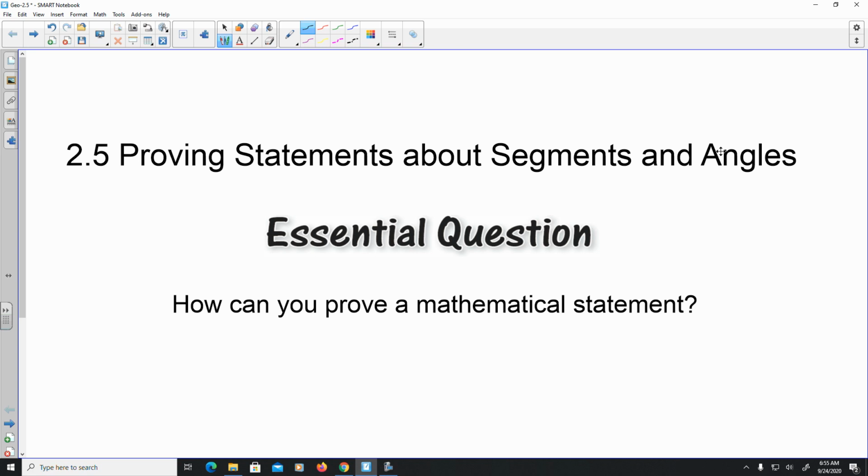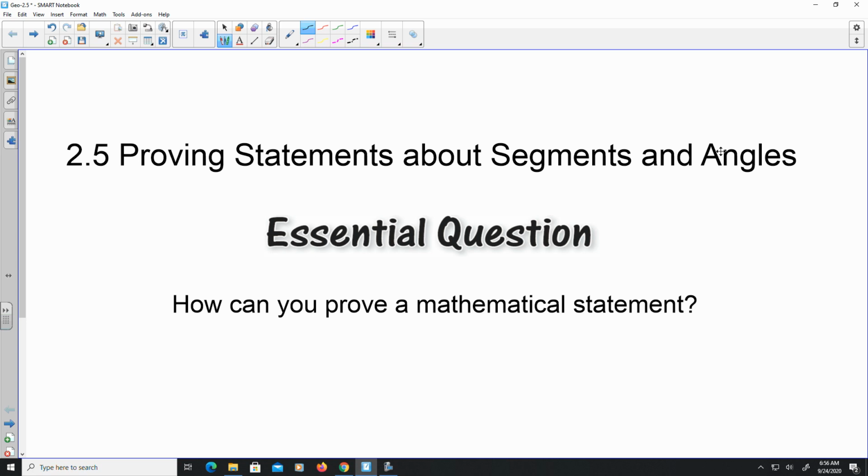The way that you prove a mathematical statement is through the deductive reasoning method, being able to use definitions, accepted practices, theorems, postulates, all those things that are going to assist us in proving from what they give us to what they want us to prove.